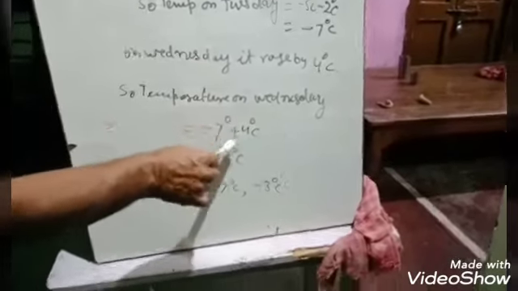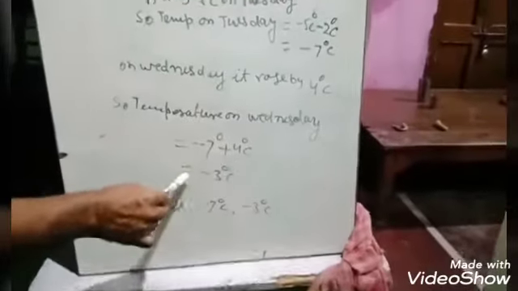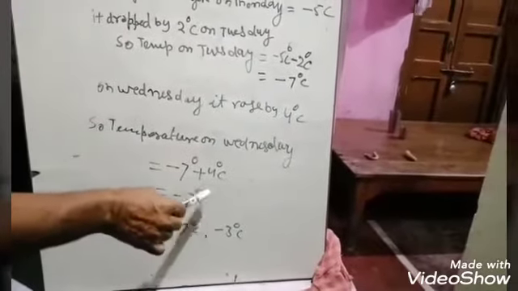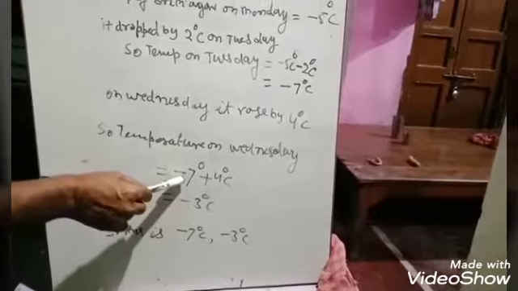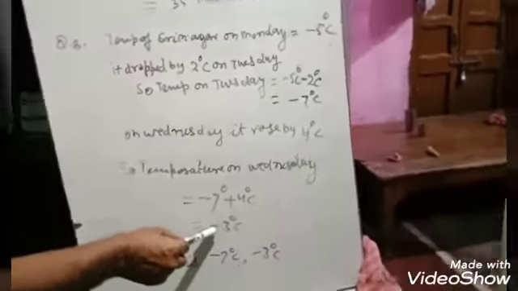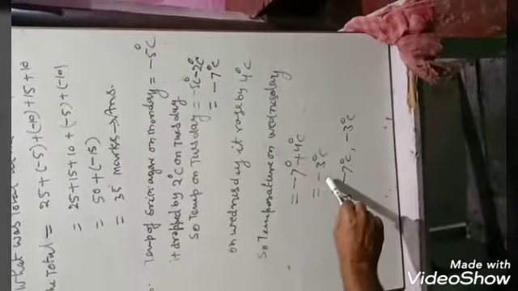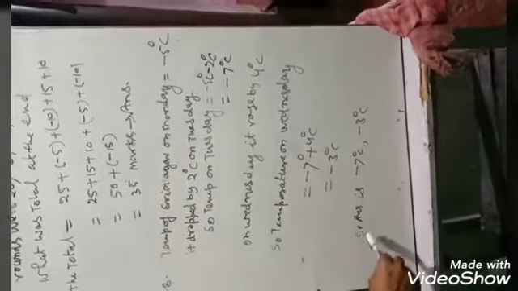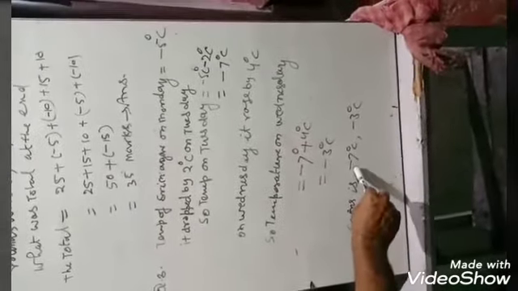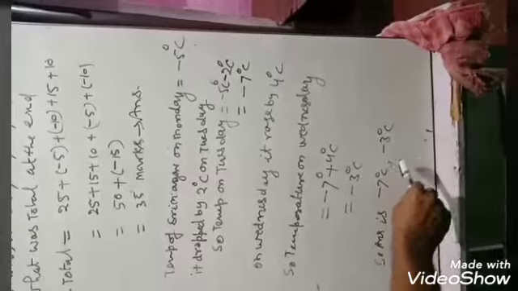So -7 degrees centigrade plus 4 degrees centigrade will give -3 degrees centigrade, because the minus value is greater. Then we take the minus sign and the difference is 3 degrees centigrade. So the temperature on Wednesday will be -3 degrees centigrade. The answers are -7 degrees centigrade and -3 degrees centigrade. Thank you.